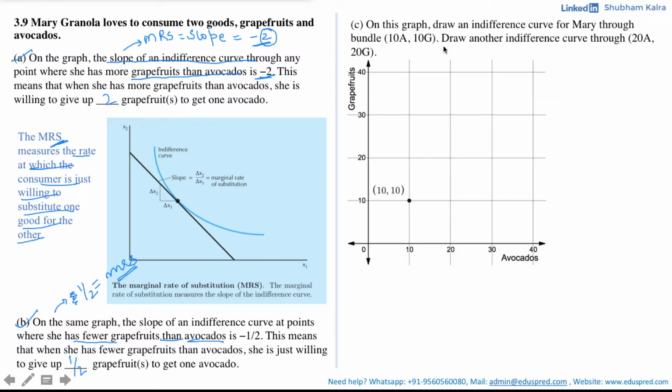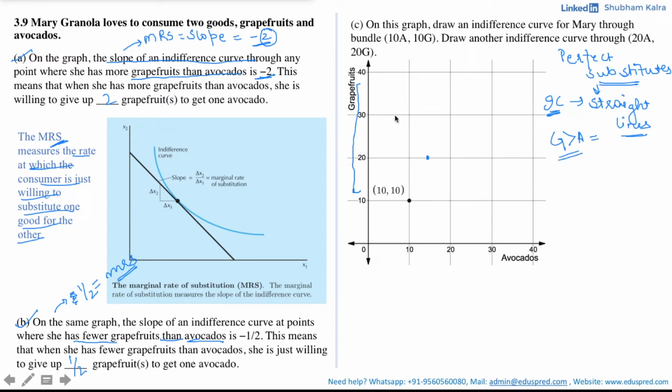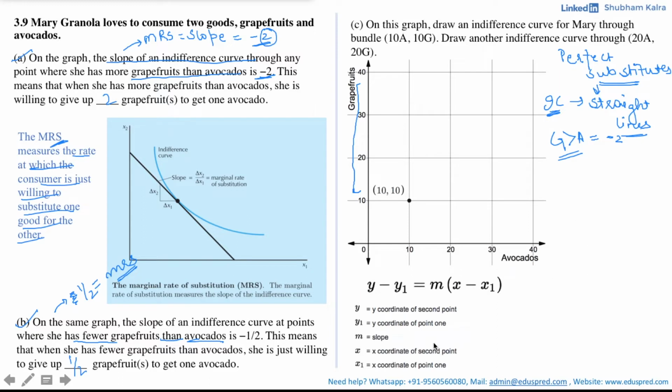The first thing to note here is that you have a constant slope, which means this is the case of perfect substitutes, and if that is the case, your indifference curve would look like straight lines having a constant slope. So here your indifference curve would be straight lines, where IC represents your indifference curve. So this satisfies the condition that she is able to have more grapefruits than avocados, because in that case your slope is -2.